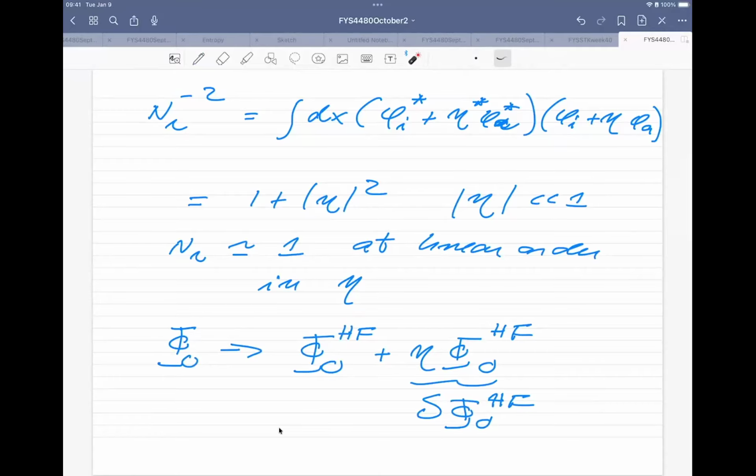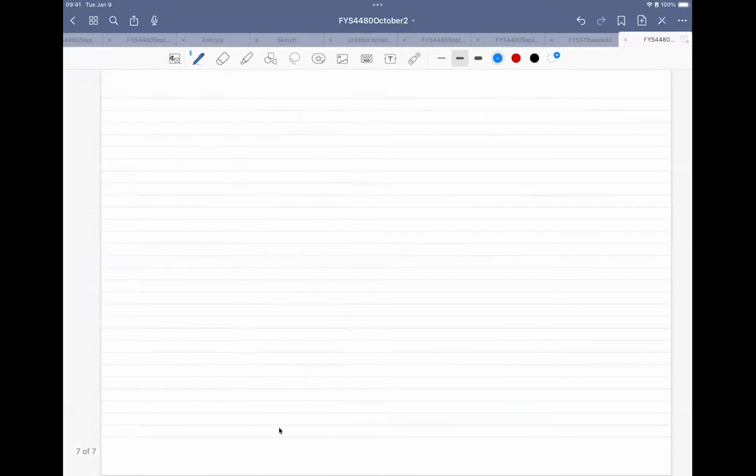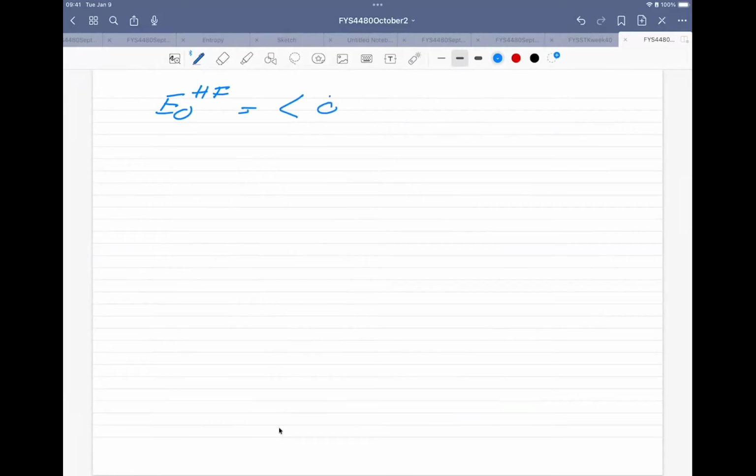What we are going to do now, if we use variational calculus, is to calculate the energy from this state. The E0 Hartree-Fock is going to be given by a term where we have H, and this could be our original Slater determinant in the computational basis, phi 0 Hartree-Fock.